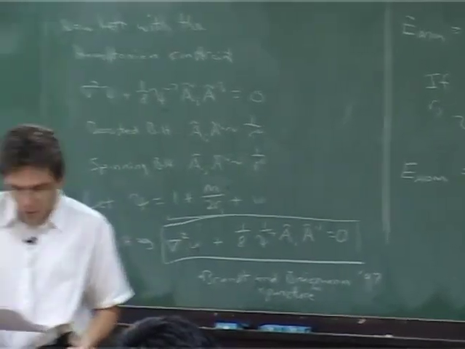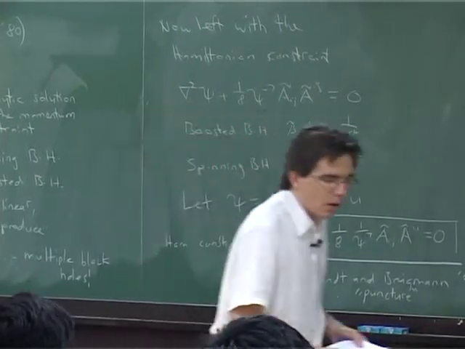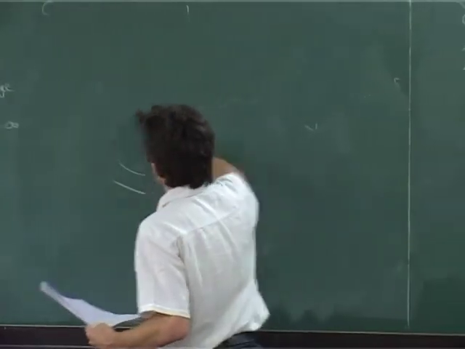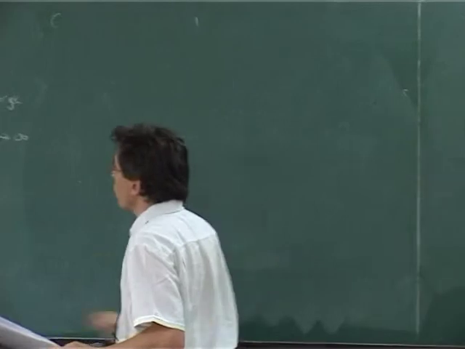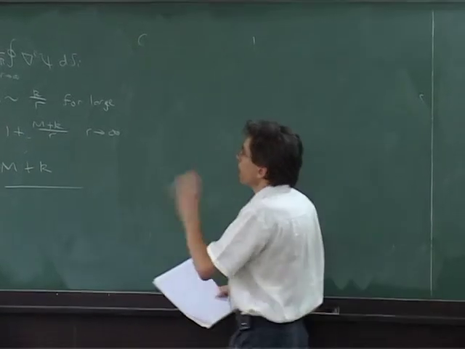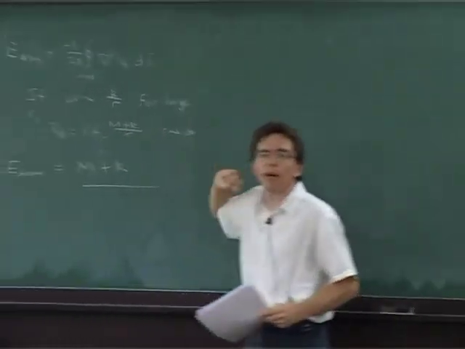Okay. So another method of calculating the energy. Actually, there were a couple of questions about where these ADM quantities came from. The ADM energy is the total energy of the space-time.